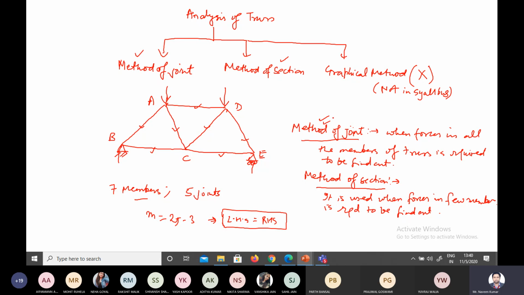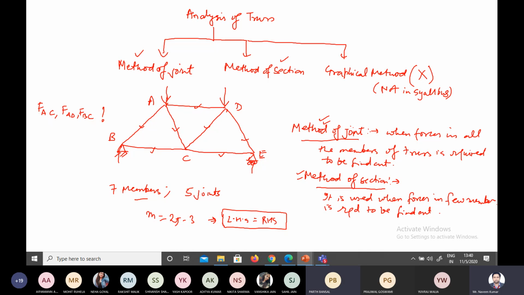And if I say to you to calculate forces only in, for example, FAC, FAD, and FBC, only 3 members, then you have to use method of section. So it is clear now when you have to use method of joint and when you have to use method of section. Is it clear?